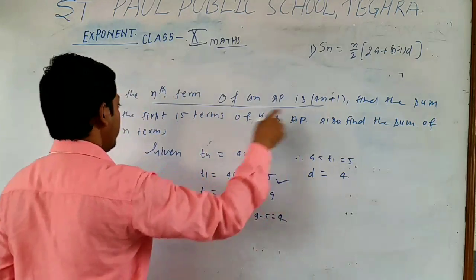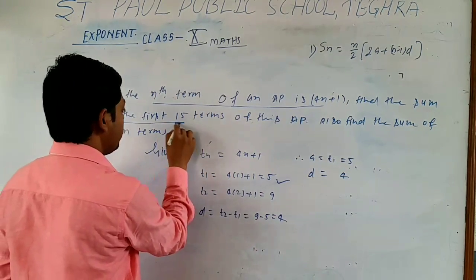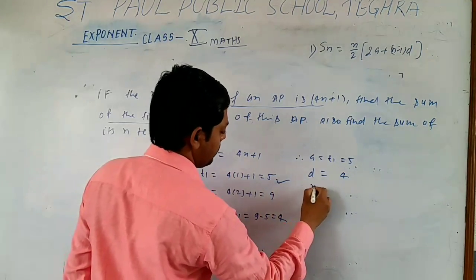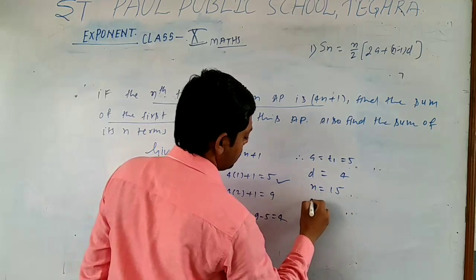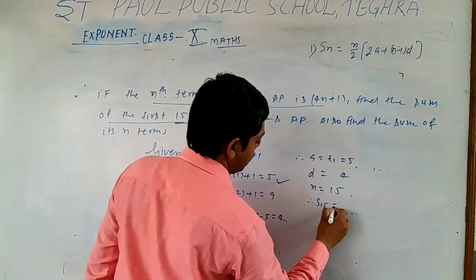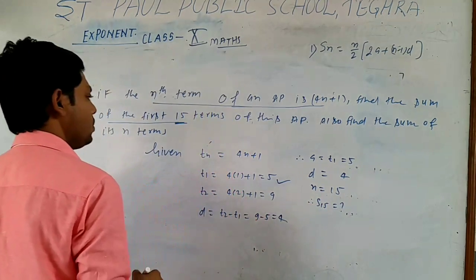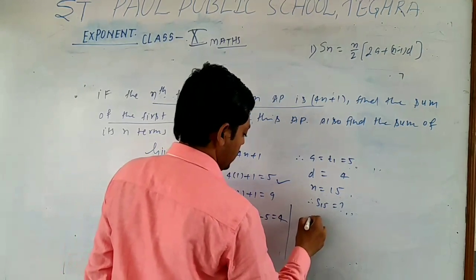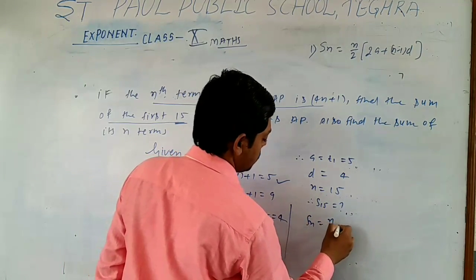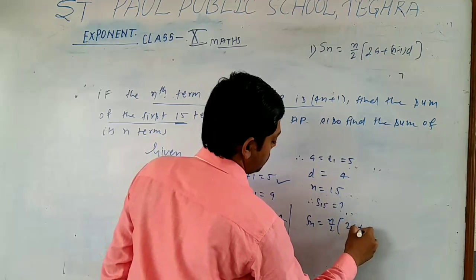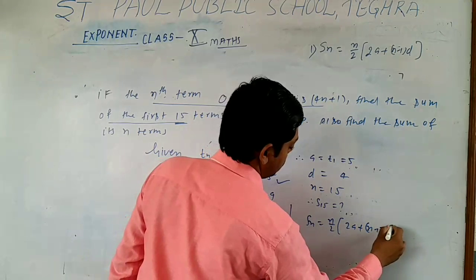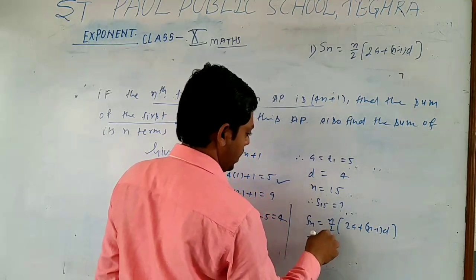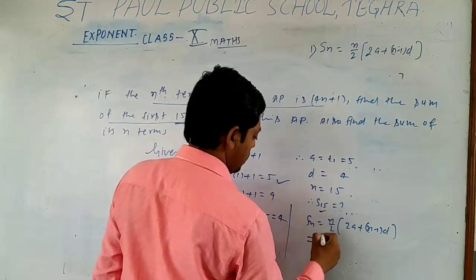Now we have to find the sum of 15 terms, that is n equal to 15. Thus S15 equals what? We know that Sn equals n by 2 into 2a plus n minus 1 into d. So in place of n we put 15.